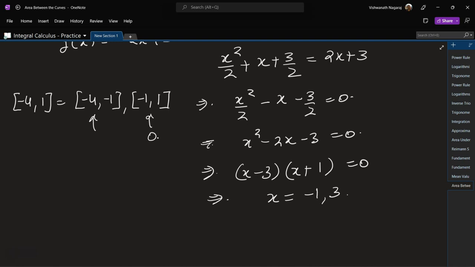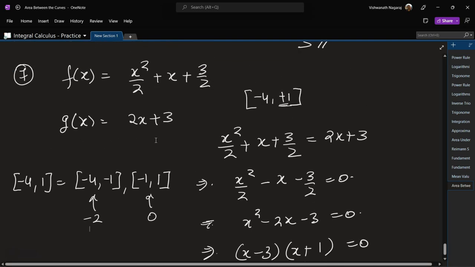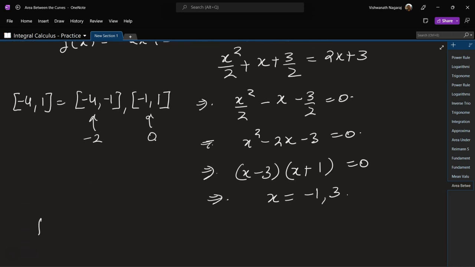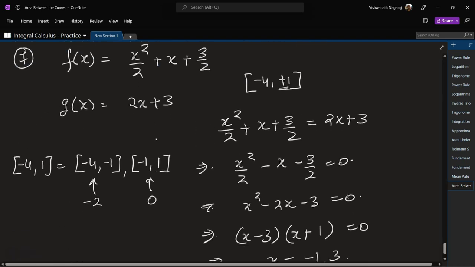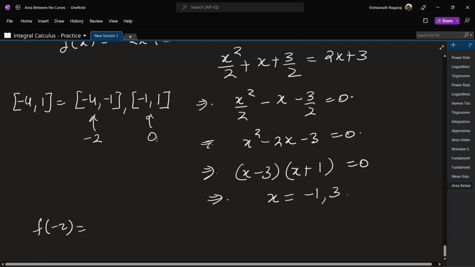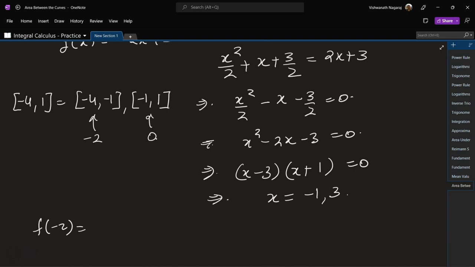Okay, so now let's pick a value here, and let's pick a value here. Let's pick 0 here. And here let's pick minus 2. We need to keep the calculation simple. So f of minus 2 is going to be x square by 2, so minus 2 square is 4 by 2, minus 2 plus 3 by 2.